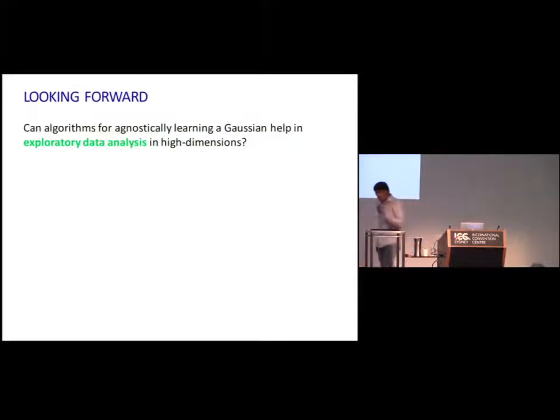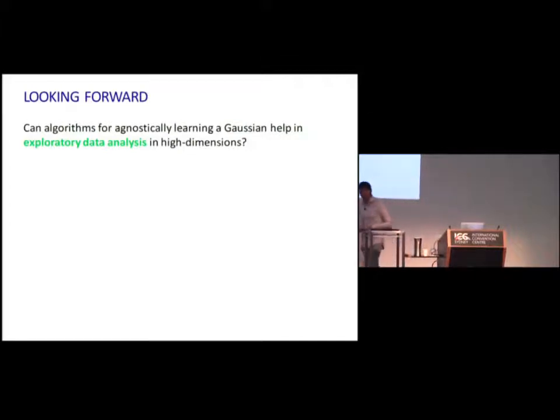So, let me take a step back and tell you about where I hope some of this will go. As I mentioned, this latter experiment, the synthetic ones, were in situations where it really did meet our assumptions that 90% of the data came from a Gaussian. So those experiments just told us that the theorem was correct, that our algorithm was doing what it was proven to do.